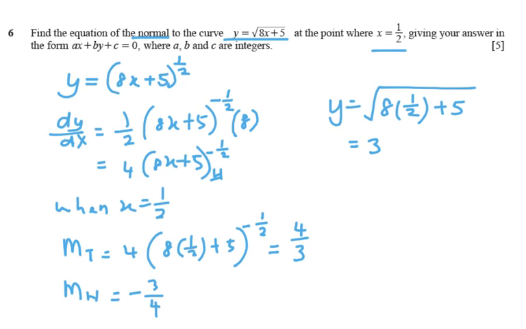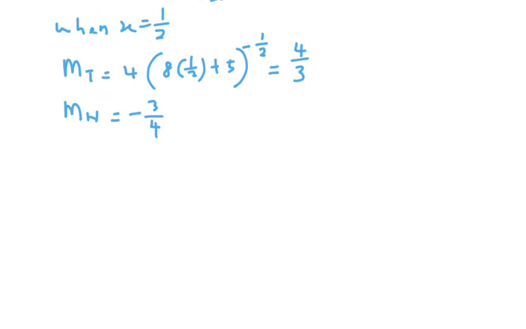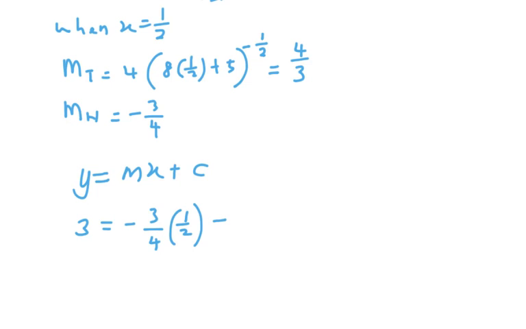With this, to find the equation of the normal, simply put it in y equals to mx plus c, where your y value is 3, gradient is negative 3 over 4, x is equivalent to 1 over 2, plus c. Solving this, you will be able to get c as equivalent to 27 over 8.